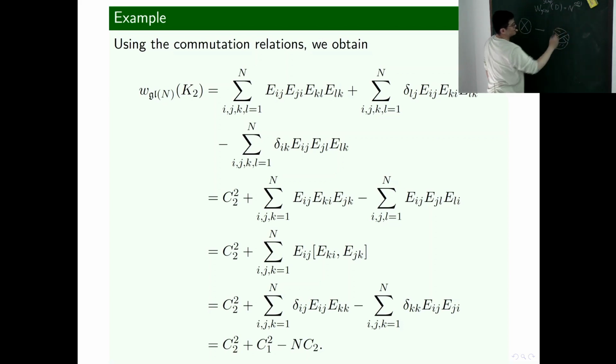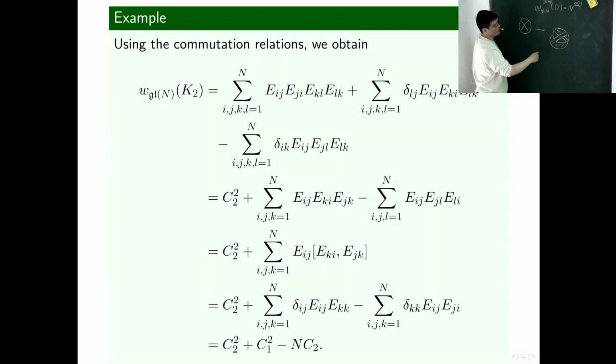This c(D) is the number of boundary components. For this graph, you get only one component, so the c(D) of this chord diagram is 1. And you can easily get this result from this polynomial in the standard representation. I think C1 is the identity, C2 is n times the identity. And you take a trace in the standard representation. The result is n to the power 1, and here we get the polynomial C2 squared plus C1 squared minus n C2.